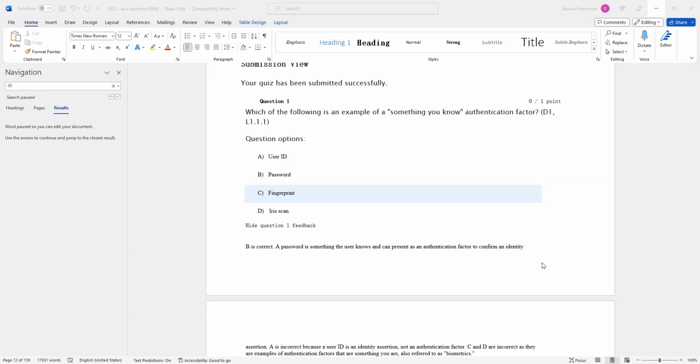If your organization has a common naming convention for users, as in first letter of the first name and then surname, then of course everyone can guess your user ID. But your password is something that only you should know. So the answer there is B.